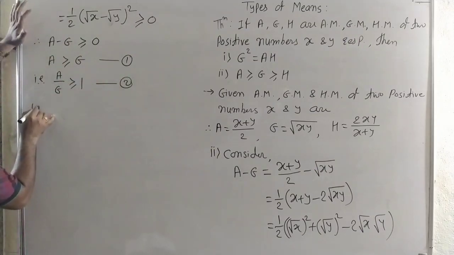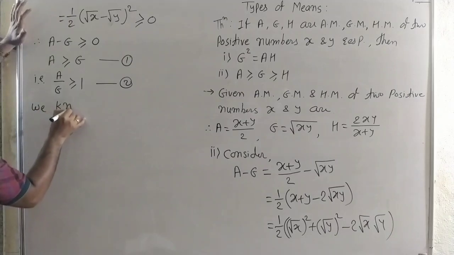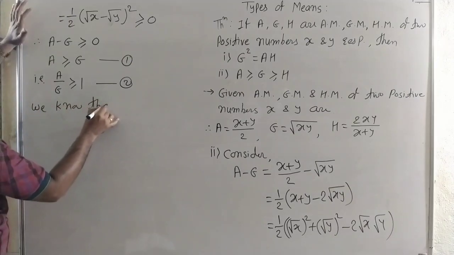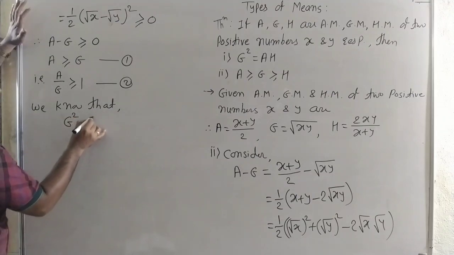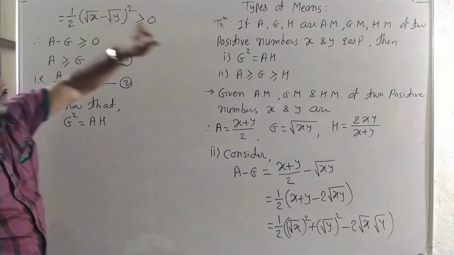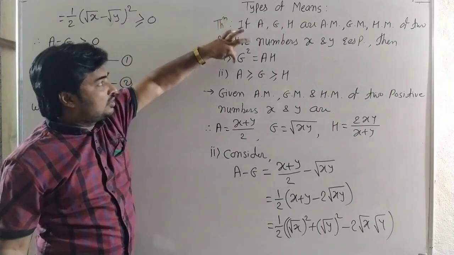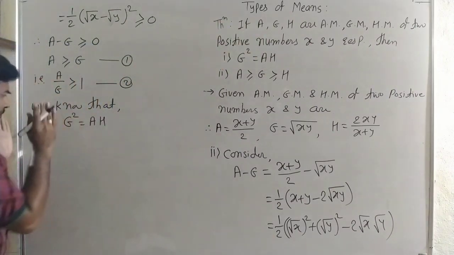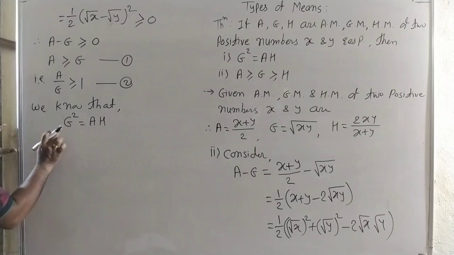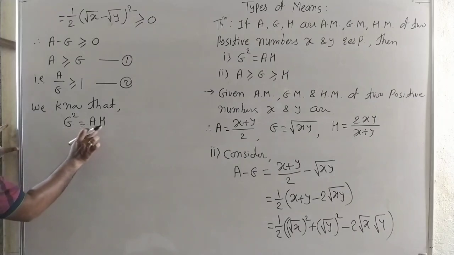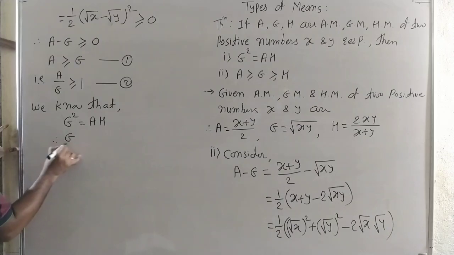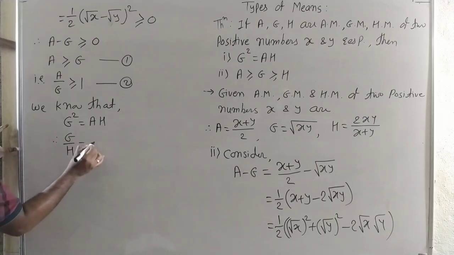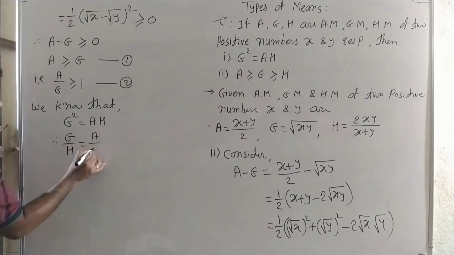Now, we know that g square is equal to a into h. Here it is already proved. Therefore, we can write g upon h is equal to a upon g.